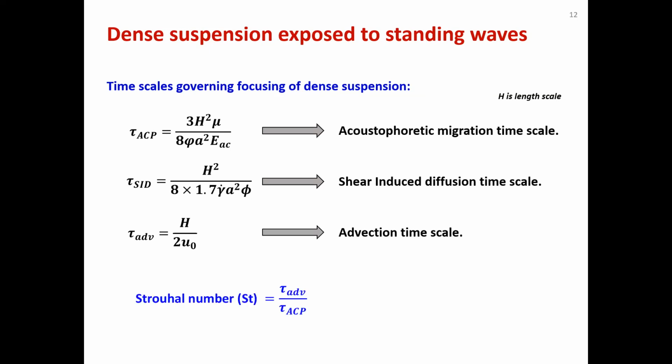So these timescales are represented in terms of these dimensionless numbers. One is the Strouhal number, which is the ratio of advection to acoustophoretic timescale, and the Peclet number, which is the ratio of shear-induced diffusion to the advection timescale.